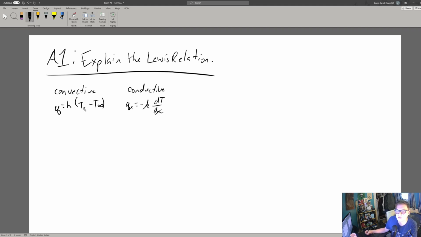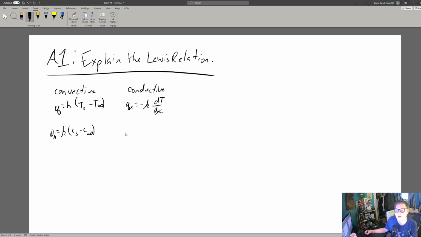All right, and so if we take a closer look at convective and conductive heat transfer, we can see that they look somewhat similar. They're in a similar fashion to two other equations that we know. So we have the molar flux is equal to the transfer coefficient times the concentration at the surface minus the concentration of the surrounding environment.